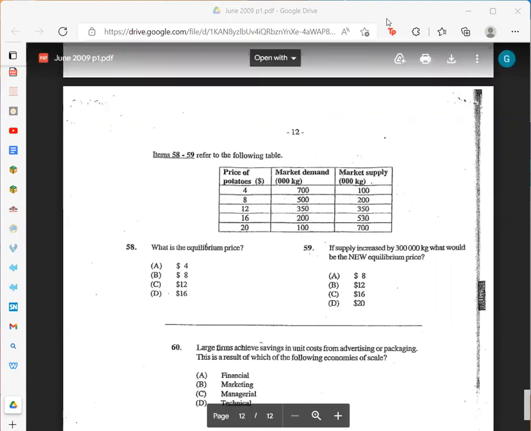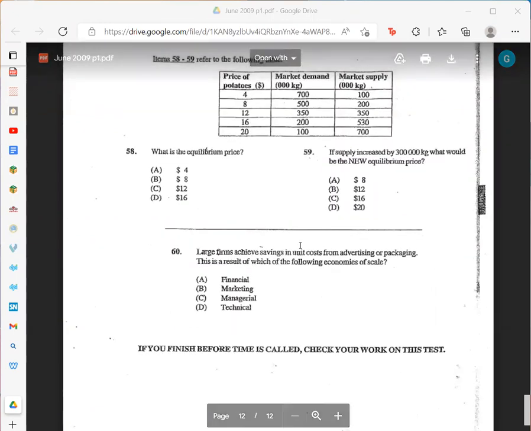So they basically want to know if all of these supplies increased by 300,000, what would the new equilibrium supply be? And again, this here would be now 400. This is now 500. The second one, this is now 600, right? And again, it would be 500 here, 500 there. The new equilibrium price would be 8, right? In case you didn't fully get it, there is how come we can get 8, if supply increased by 300,000, right?